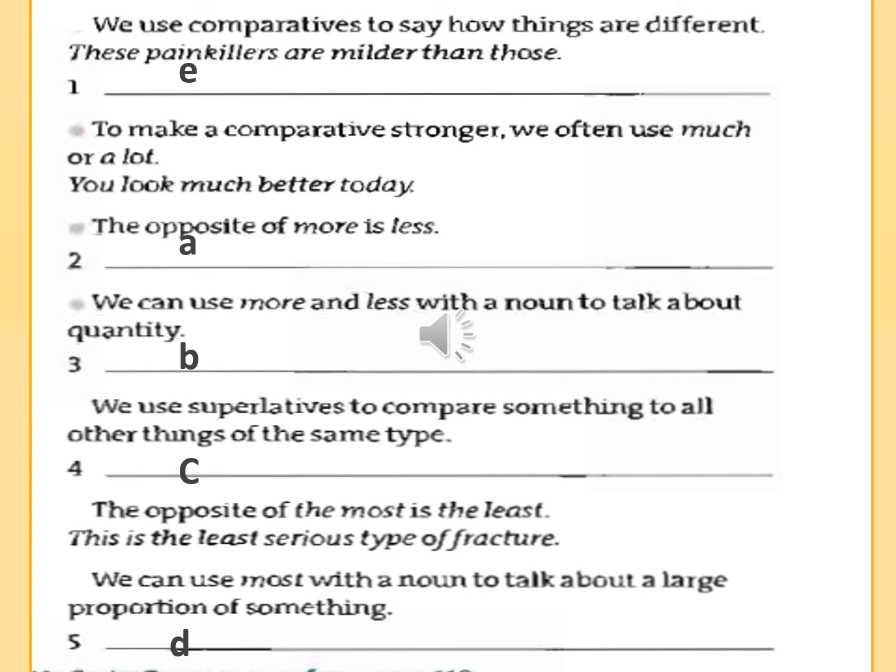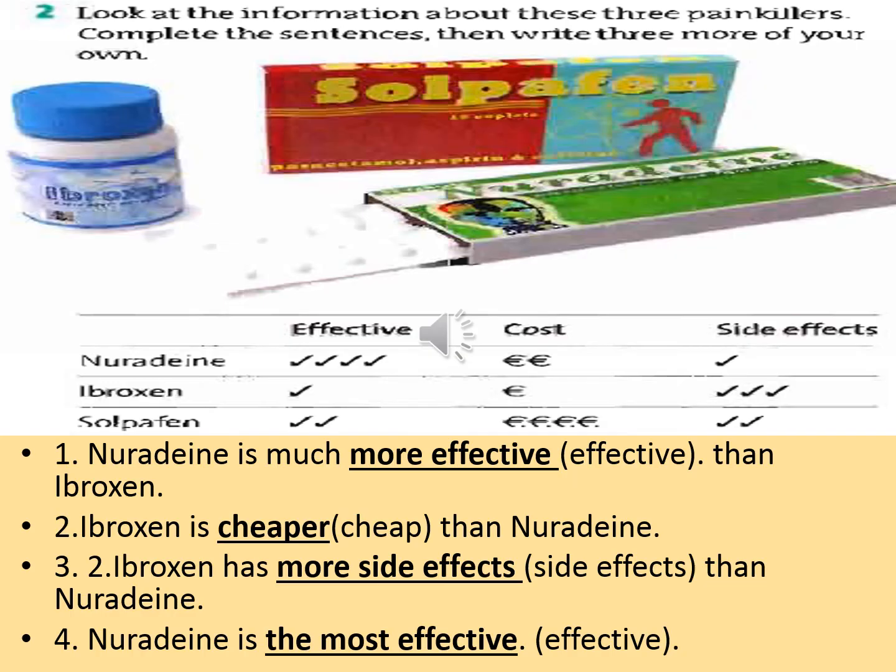Most women choose to have pain relief when giving birth. We have the second exercise. Look at this information about these 3 painkillers. And we are going to make comparisons according to this information.